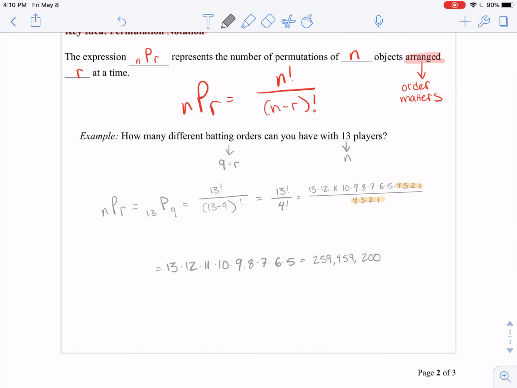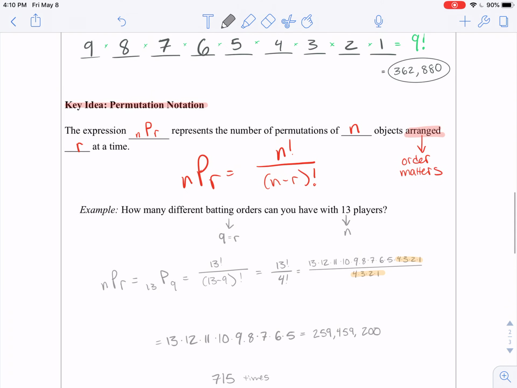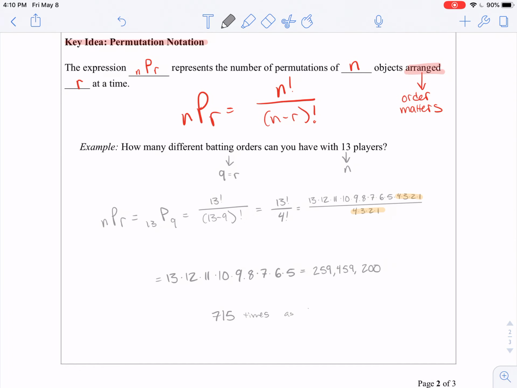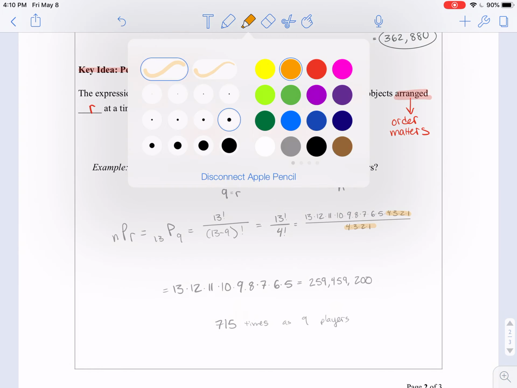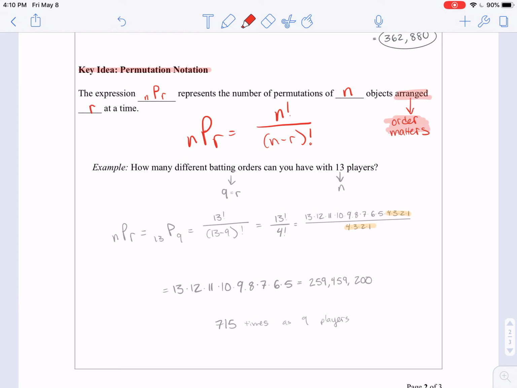That's a lot of options. In fact, that's 715 times as many as if you just had 9. Just adding 4 players gave you over 700 times as many options. So again, there are so many different ways here because order matters. That's the most important thing to note here. Order matters when you use a permutation.